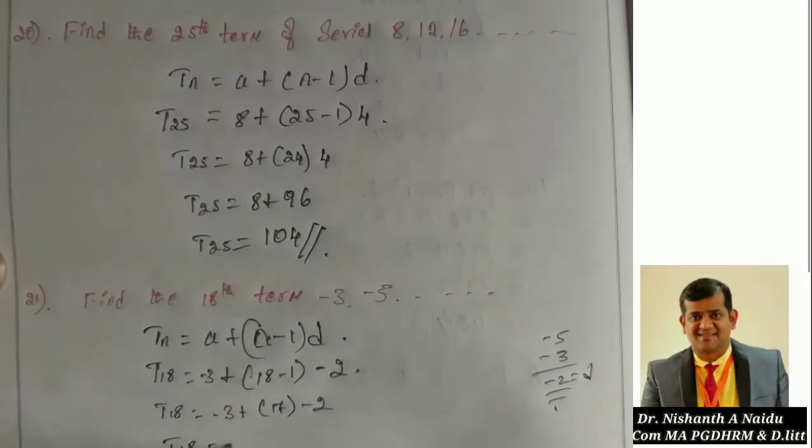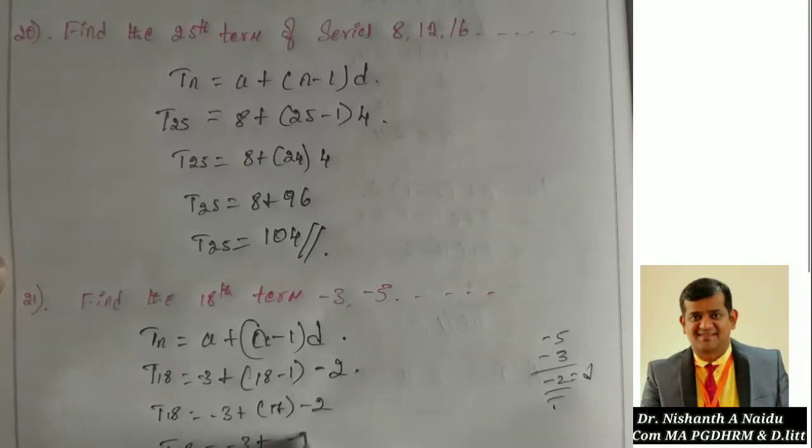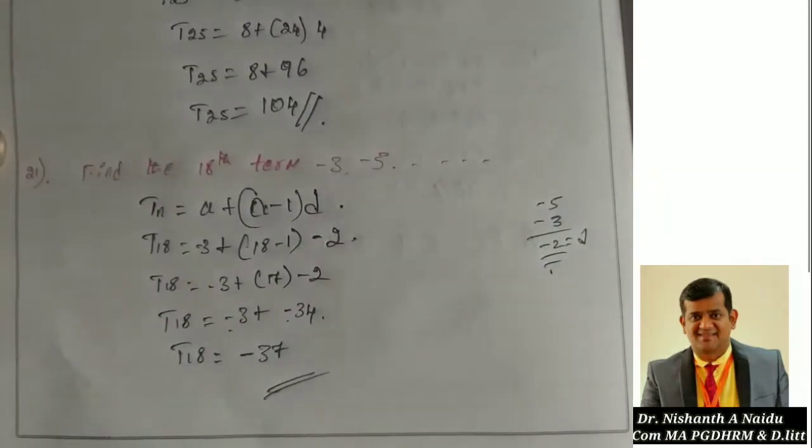How much is 17 into 2? 34, right? So that is minus 34, since minus into plus is minus. So T18 equals minus 37 is the answer. Minus 37 is the answer.